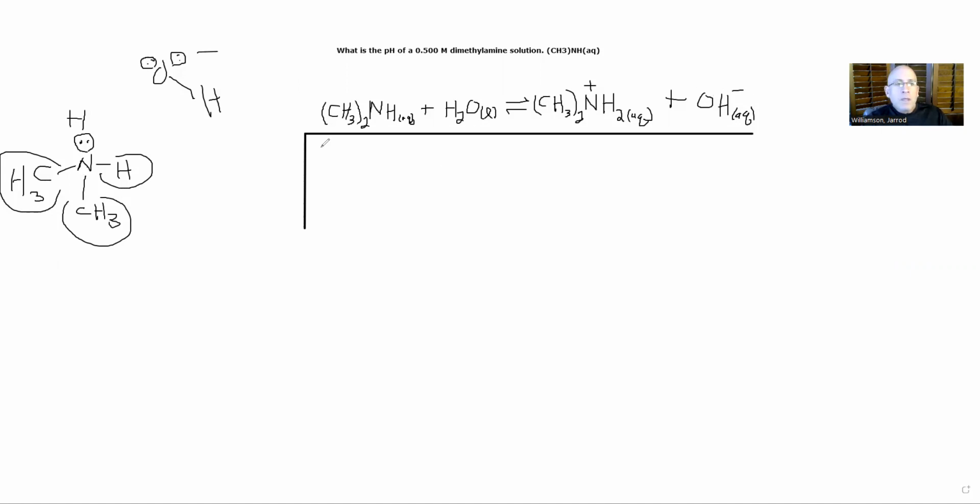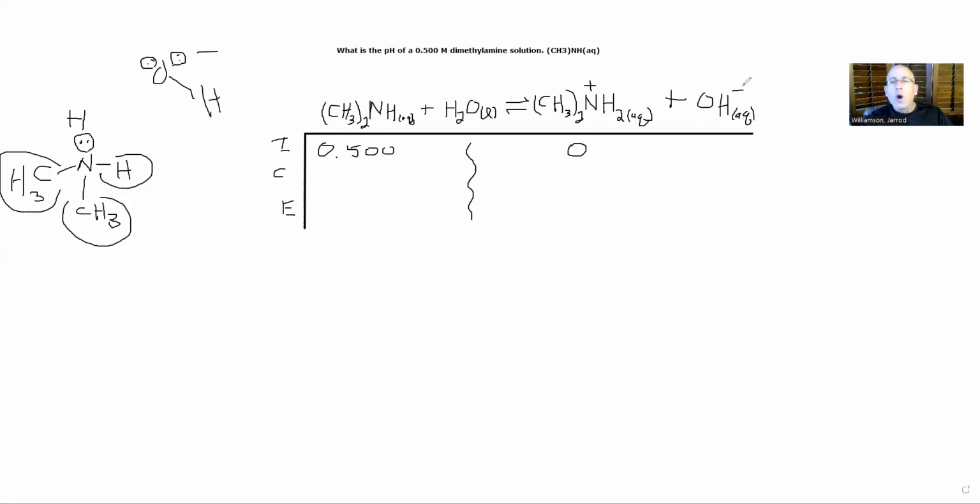Okay, and now we've got to make an ICE chart. So we're going to go I, C, E. This is initially 0.5 molar. This is in large excess. Initially, this concentration is 0.